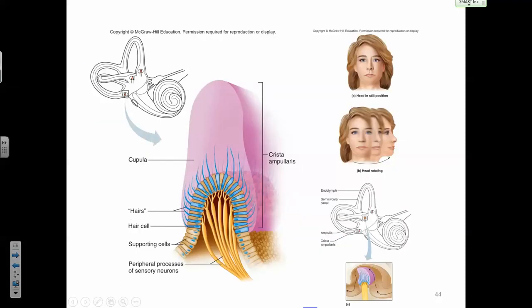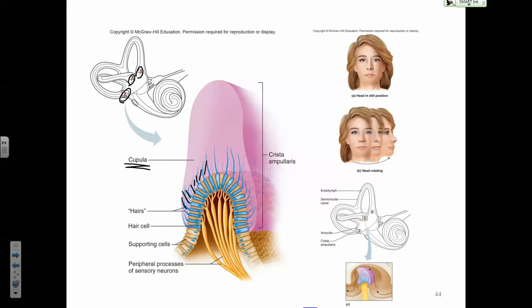Up on this little picture, there's a crista ampularis. There's one, there's one. They're at the base of each semicircular canal. Have you noticed that the semicircular canals are in three different planes that are at right angles to each other? If you look at the organ, the crista ampularis, in this big picture, it's got little hairs or cilia, kind of fused cilia, that extend into another gelatinous mass. But this mass is firmer and kind of dome-shaped. It's referred to as the cupula.